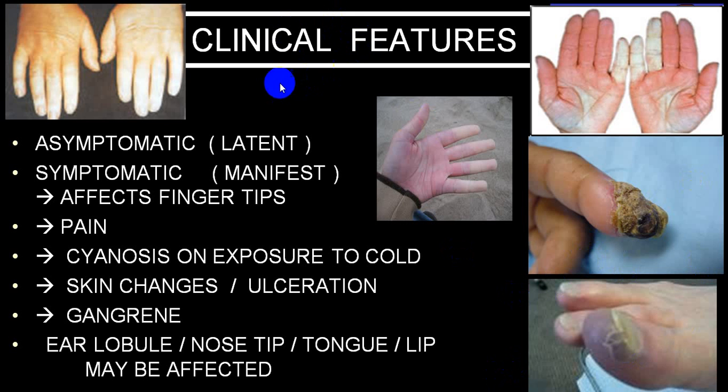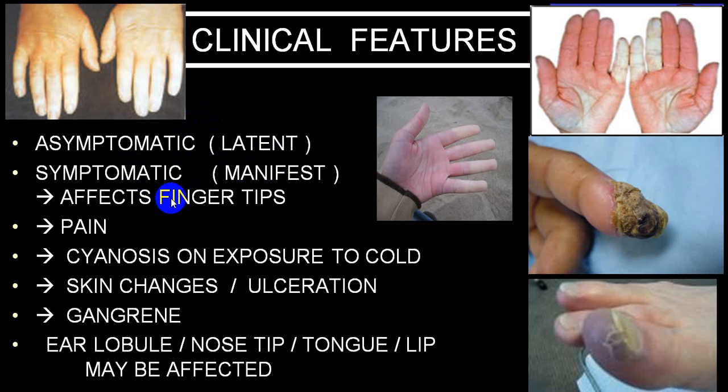Good number of times the person is asymptomatic, and when the person is asymptomatic, if we can demonstrate vasospasm on exposure to extreme cold, that stage we call latent. But if the person already presents with symptoms on exposure to extreme cold, we call it the manifest variety.